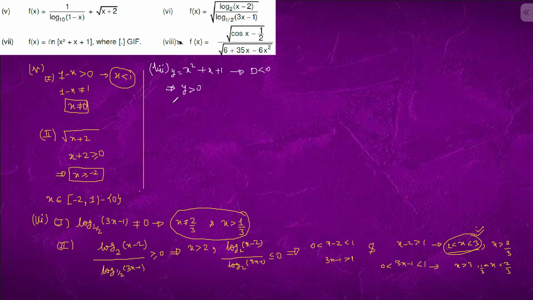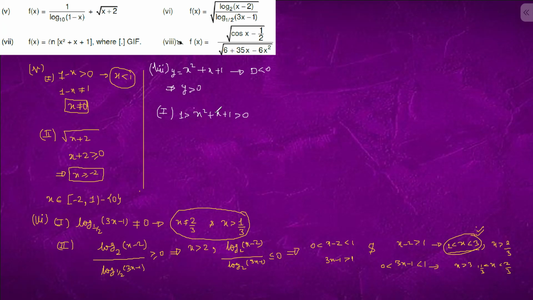So what we can take is that x square plus x plus 1 should not be between 0 to 1, because then the greatest integer will come out to be 0.